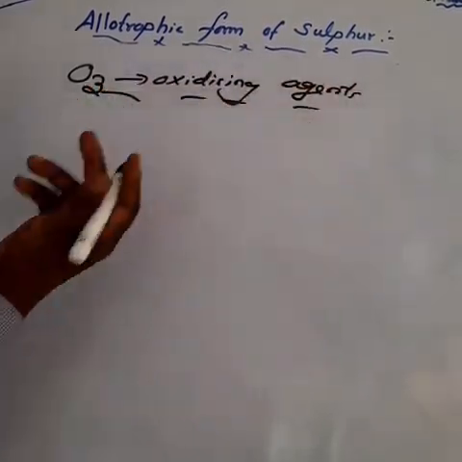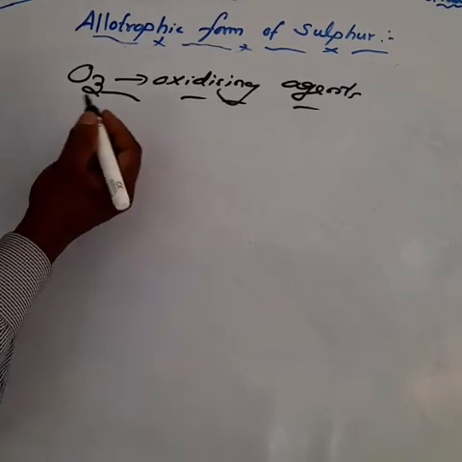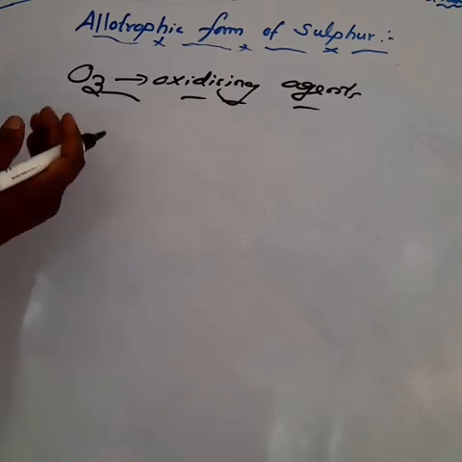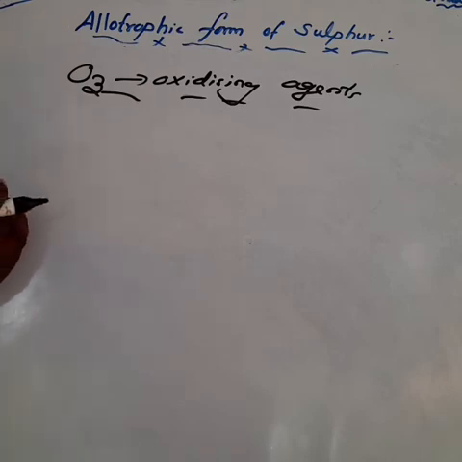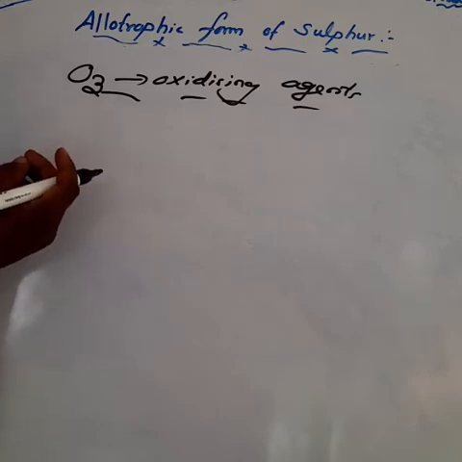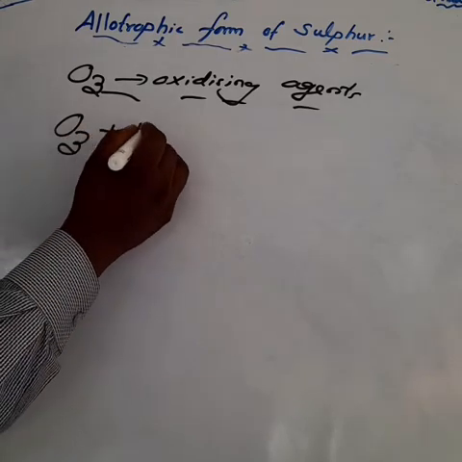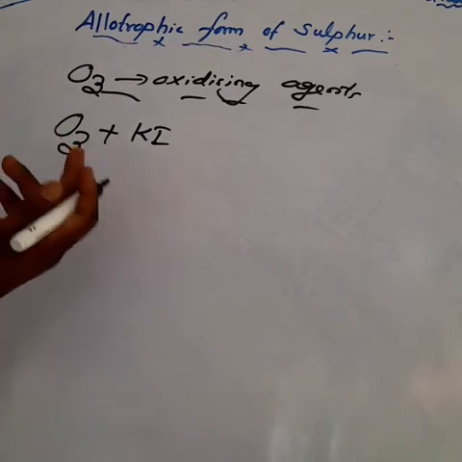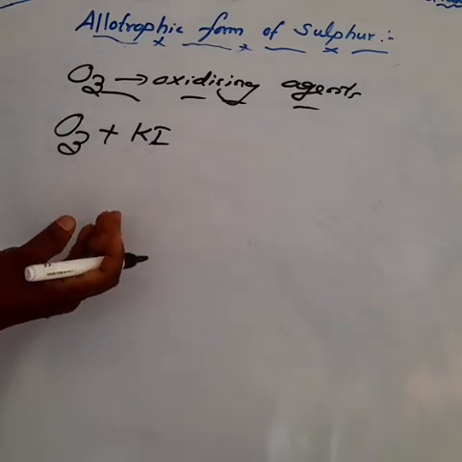Ozone reacts with many substances under conditions where oxygen cannot react with those substances. Here, one example is that ozone oxidizes potassium iodide to iodine. That's the concept.